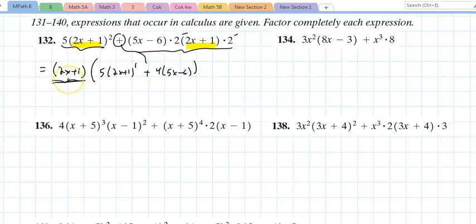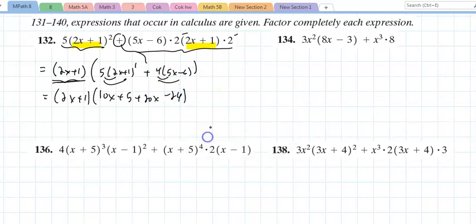The goal is to figure out where this equals 0, so it's important that you're able to factor this all the way. This is 10x plus 5 plus 20x minus 24, and that will be (2x plus 1) into (30x minus 19).